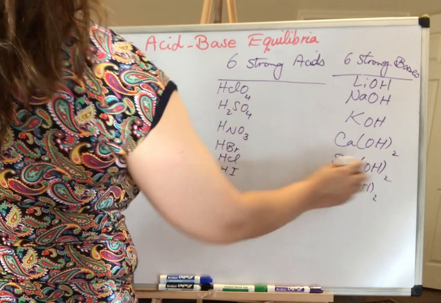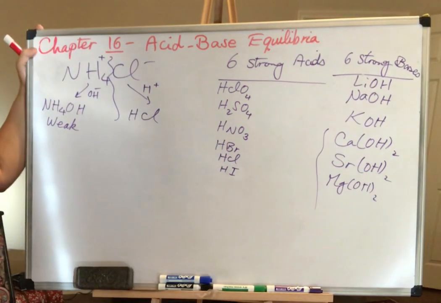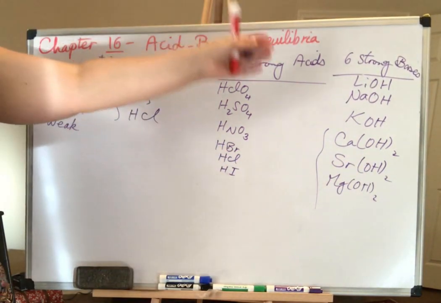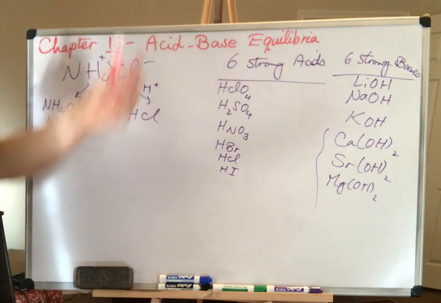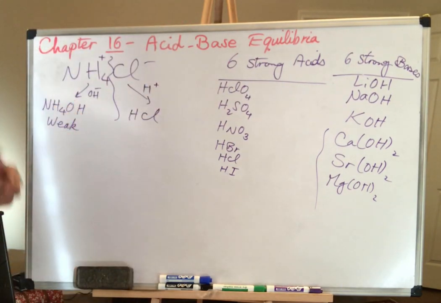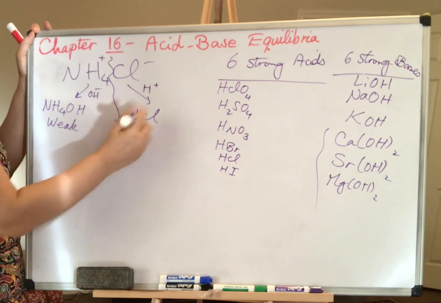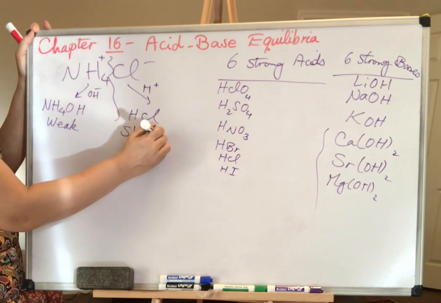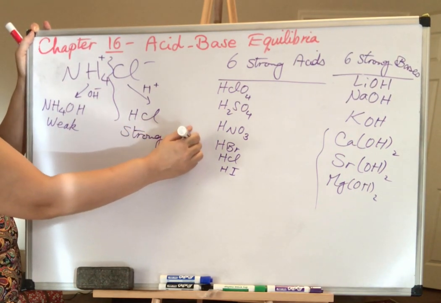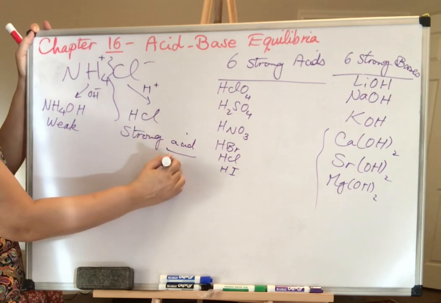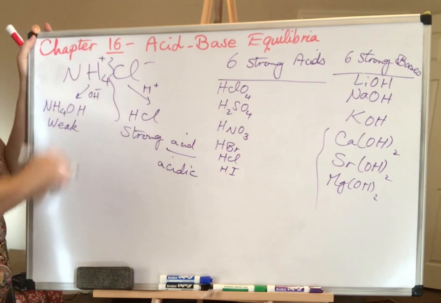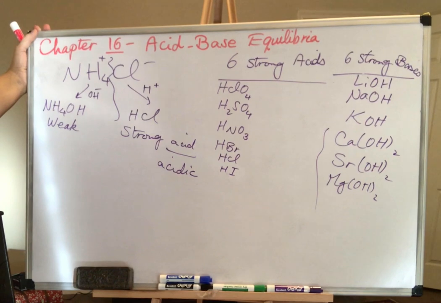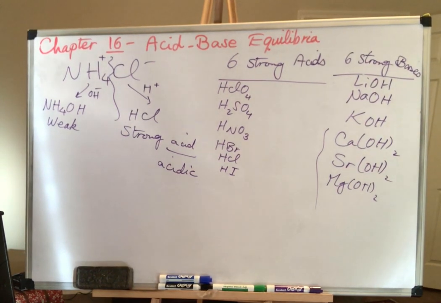I'm not sure. Please check these. But anything that is not on this list that you memorize, it's not difficult to memorize them, then it will be weak. So HCl is a strong acid. So which one wins? The strong one. So the solution is acidic. NH4F.